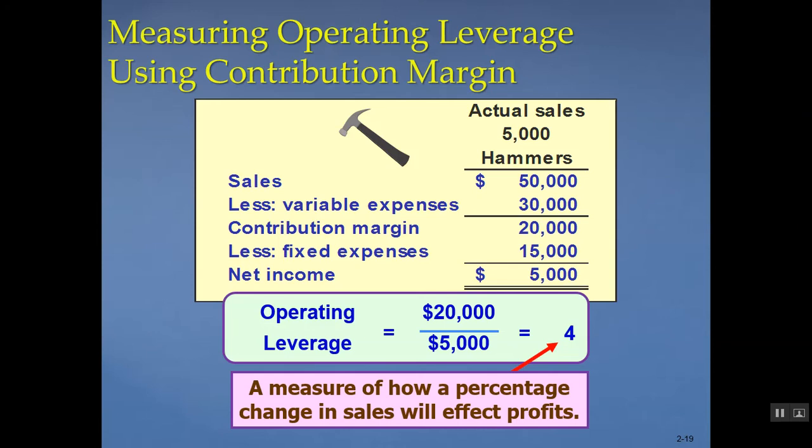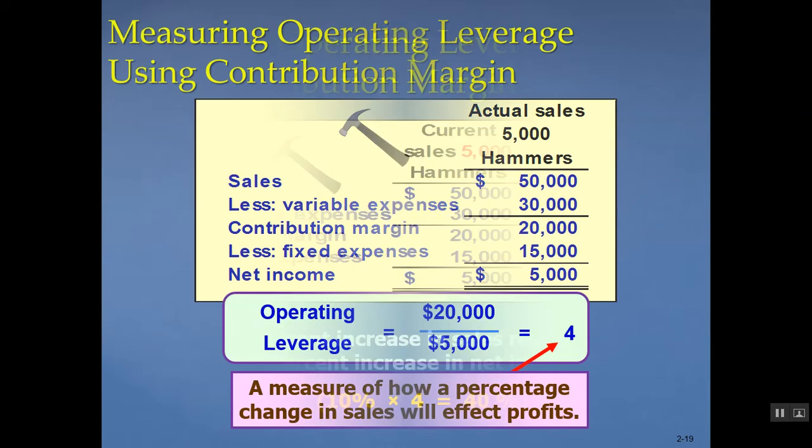What this means is that for every percentage change in sales, our net income is going to change by 4 times that. So if your sales go up by 10%, we can expect that our net income is going to go up by 10% times 4, which is 40%.